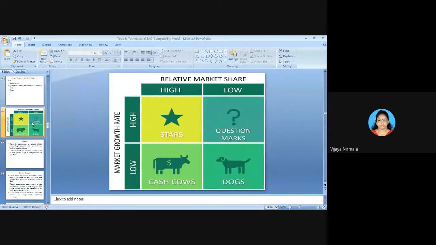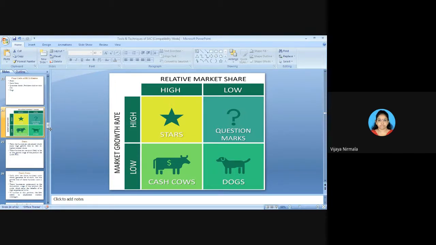Generally, first you can see this diagram. If both are high, the product is following the product life cycle. Both the relative market share and the market growth rate are high, so it follows stars. Coming to cash cows, the market share is high, but the growth rate is low.